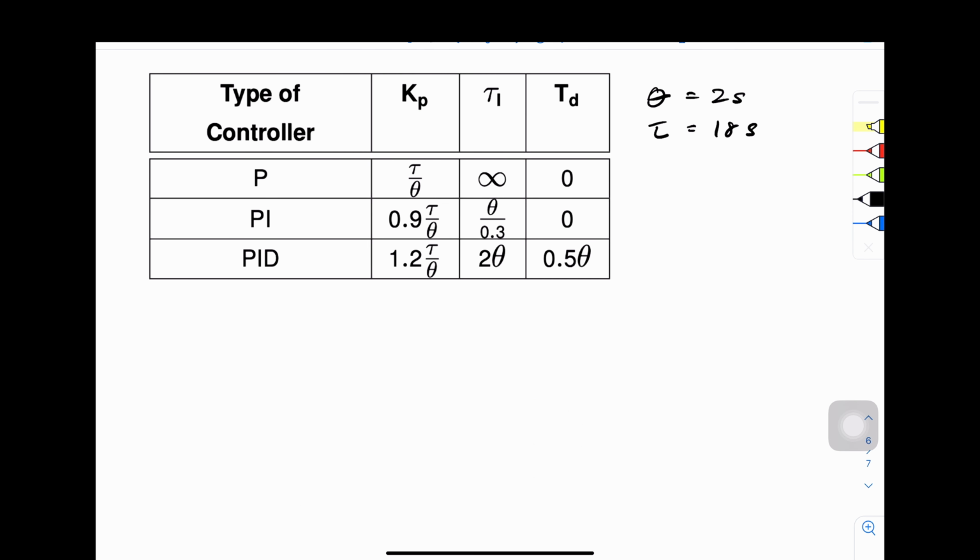For proportional only controller, we can use this table. This is the Ziegler-Nichols table for the step test method. So we just have to plug these two values into one of the controllers.